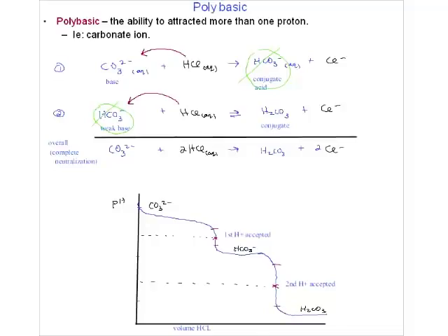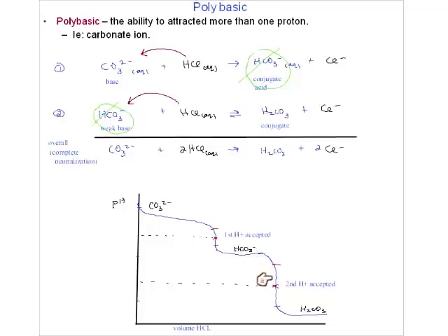Okay, so in this particular reaction then, once again, we see 2 vertical regions. The first one is indicating the addition of the first hydrogen that's accepted, and this one's representing the second step, or the second hydrogen that's accepted. The species that are in excess, in the first case, it's CO3 2- that's in excess. That's what keeps the pH high. Then we add a hydrogen, and then the second plateau is going to be above 7 because this guy now is acting as a weak base, and it's in excess.